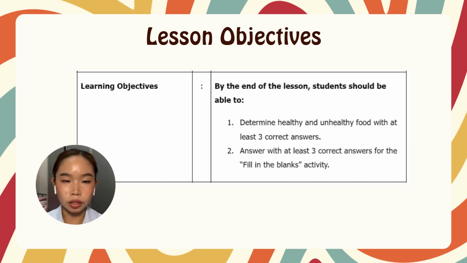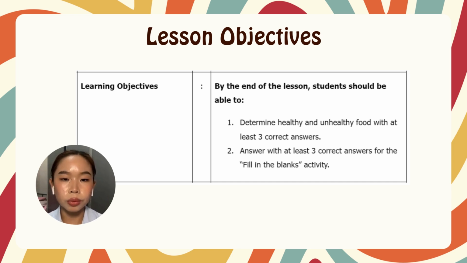For the second objective, students should be able to answer with at least 3 correct answers for the fill-in-the-blanks activity. This exercise reinforces vocabulary and comprehension, ensuring students can use new words in context.